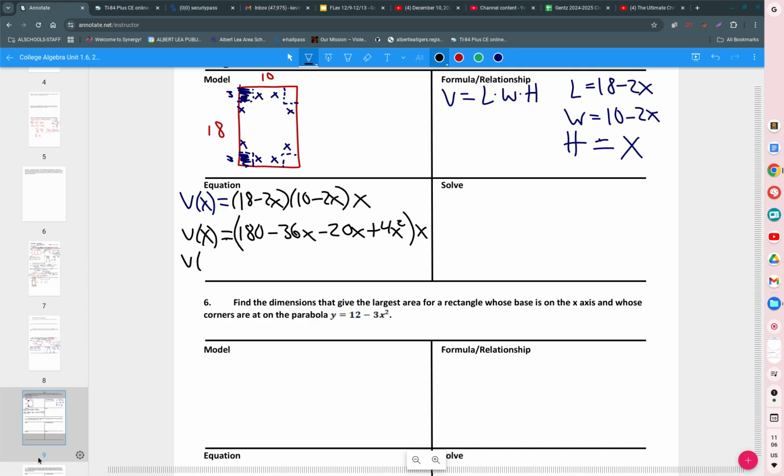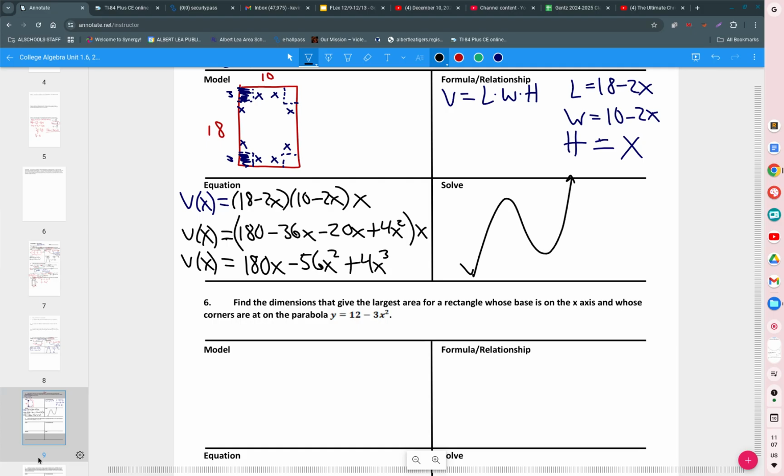As I combine my like terms and I distribute my x, I get 180x. The negative 36 and the negative 20 make negative 56x squared. And the 4x squared times x will give me a 4x cubed. Does that make a parabola? It makes a cubic.